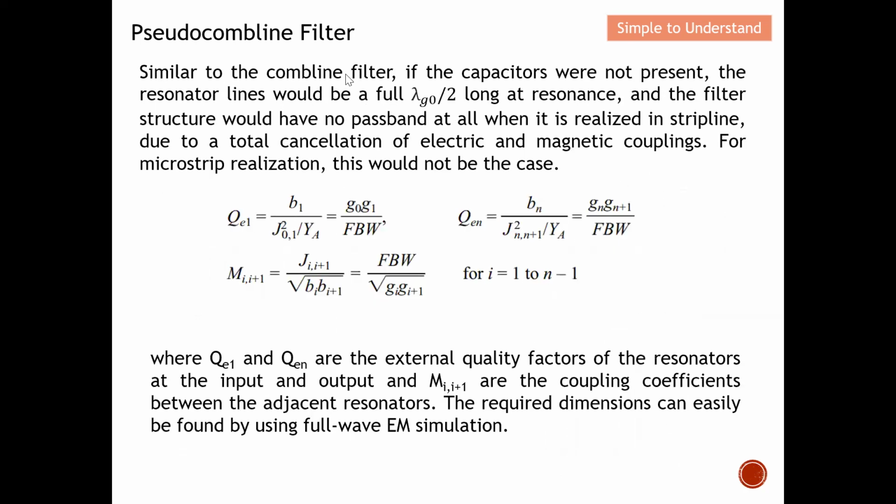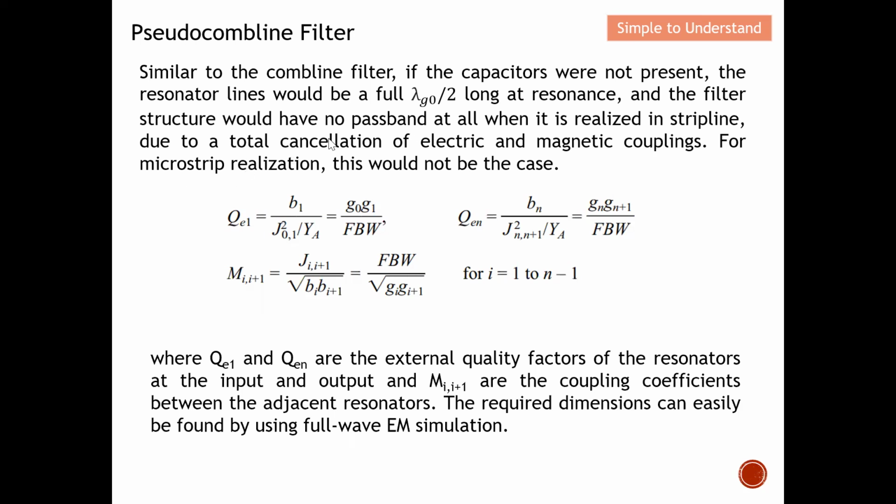Similar to the Combline filter, if the capacitor were not present, the resonant lines will be a full half of wavelength long at resonance, and the filter structure will not have any passband at all when we realize this in strip line, due to the total cancellation of electric and magnetic coupling. So this will be the case if we use this method to design on a strip line.